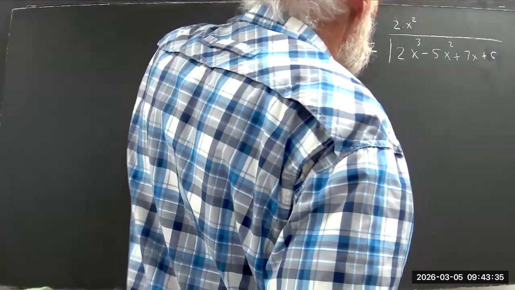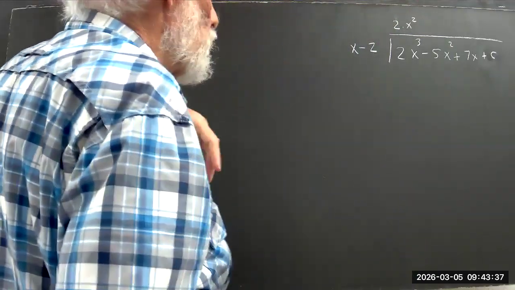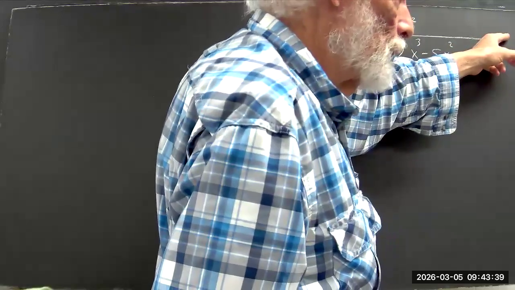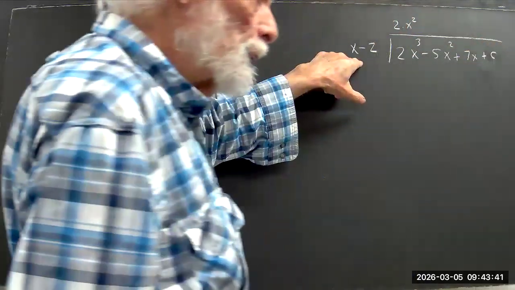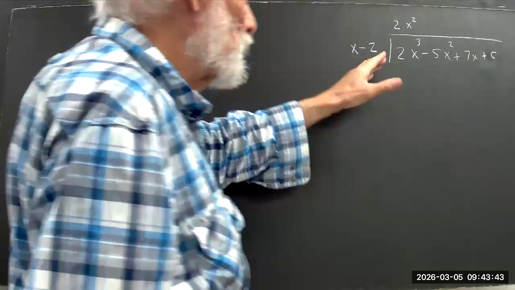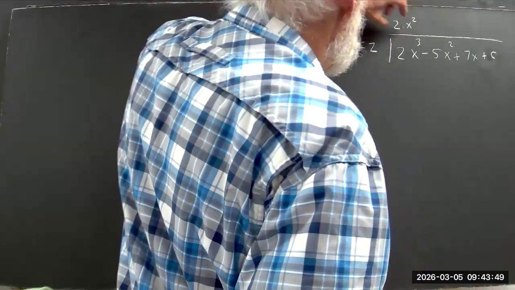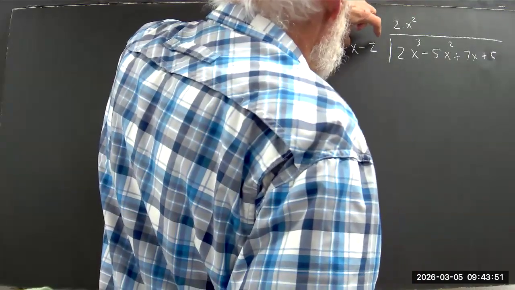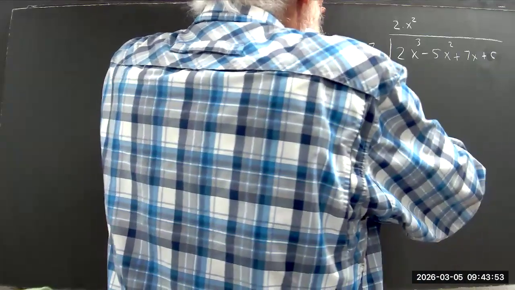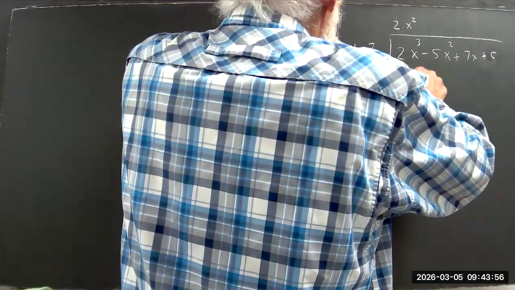Now, if we get a 2x squared up here, remember that what we get for the quotient multiplied by the divisor, x minus 2, has to equal a polynomial. So if we have a 2x squared up here and it's going to multiply the x minus 2, that means we're going to get 2x cubed minus 4x squared.